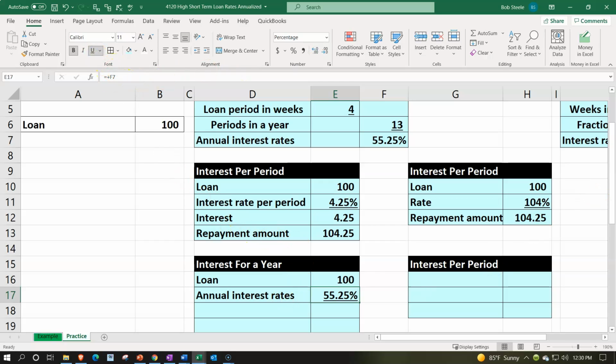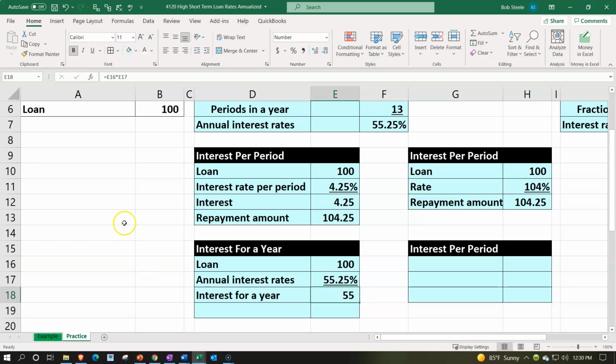That would then give us the interest for the year if it was a yearly loan, meaning if we had that as a yearly loan and we use that annualized rate, that would give us the $55, which of course would be quite large if it was a loan for the entire year. But again, note that loan's probably taking into consideration just the processing of the loan for a very short term loan as well. So, but anyways, that's going to give us the 55.25.